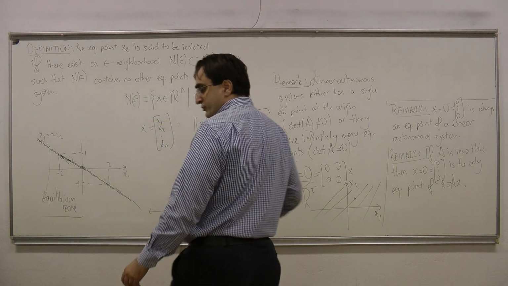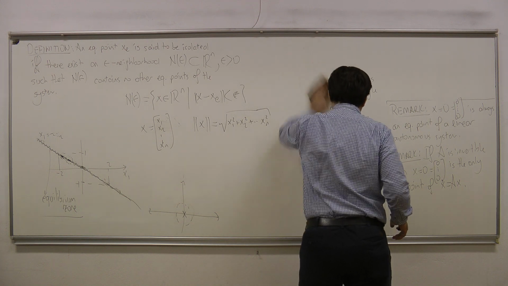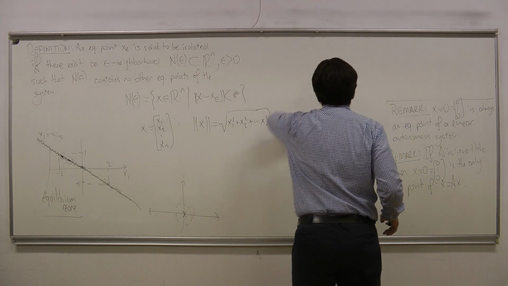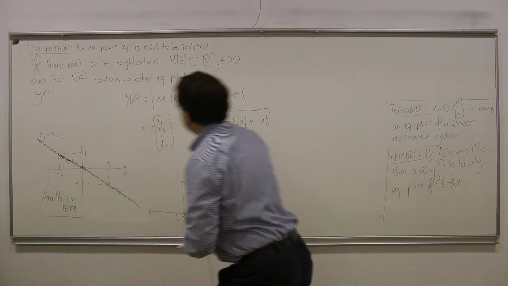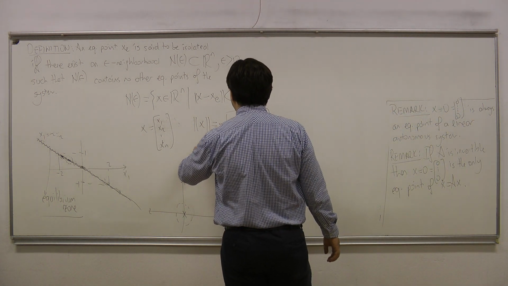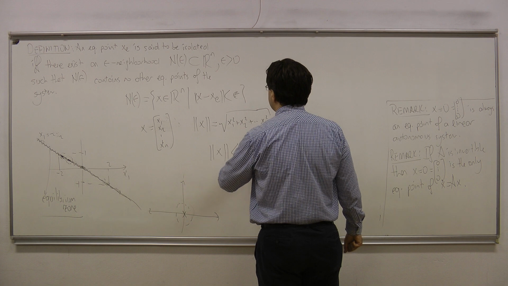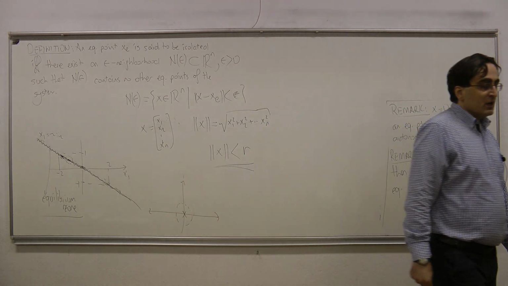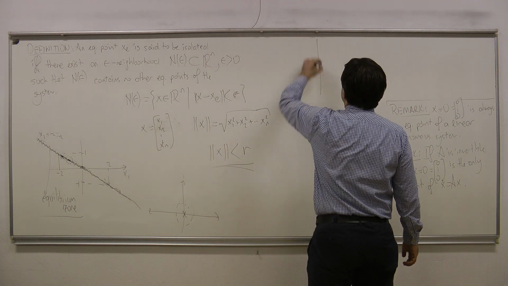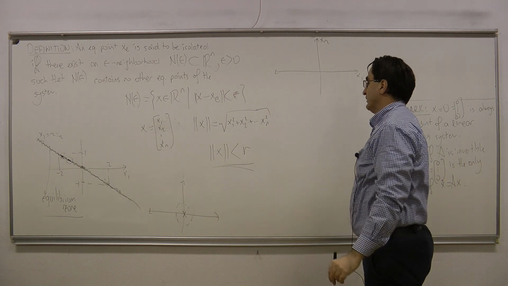And here I can try to show you the following points. I can actually define balls with different radii with this norm concept. Let us look at the region that would satisfy such an inequality. If the norm of x is strictly smaller than r, which region in two-dimensional state space would this give us?